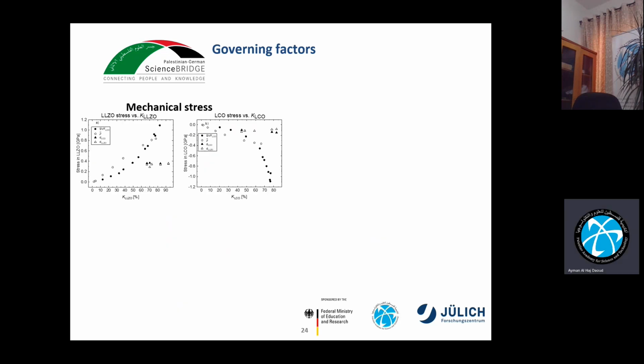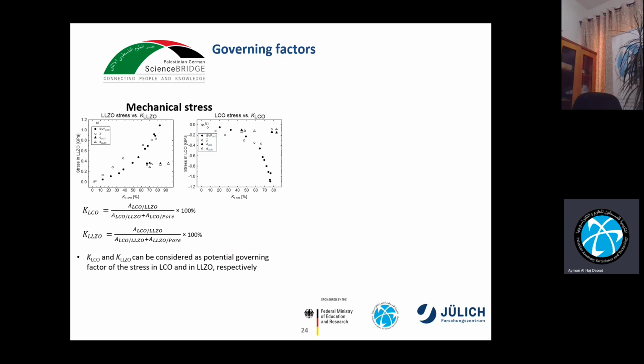Now, when we plot KLLZO, for example, against the stress in LLZO, we saw the same pattern while varying the solid volume fraction of LCO and the relative density, but that was not the case for varying the grain size. When we plotted KLCO against the stress in LCO, we also had the same pattern for the solid volume fraction variation and the relative density, but again it was not the case for varying the grain size.